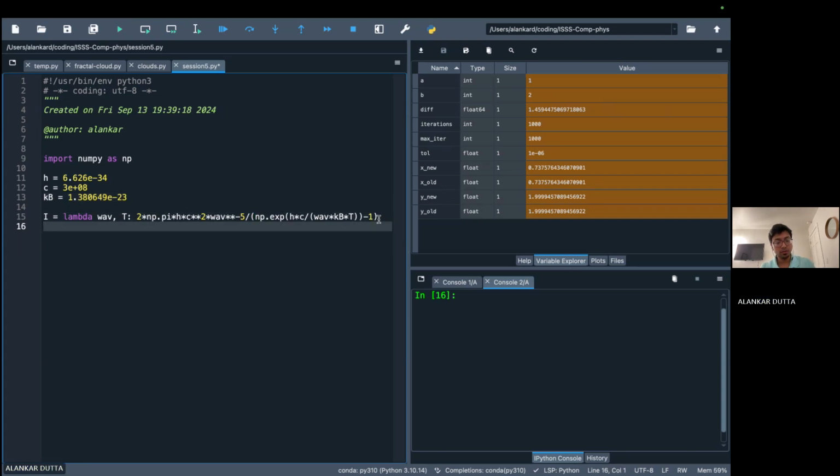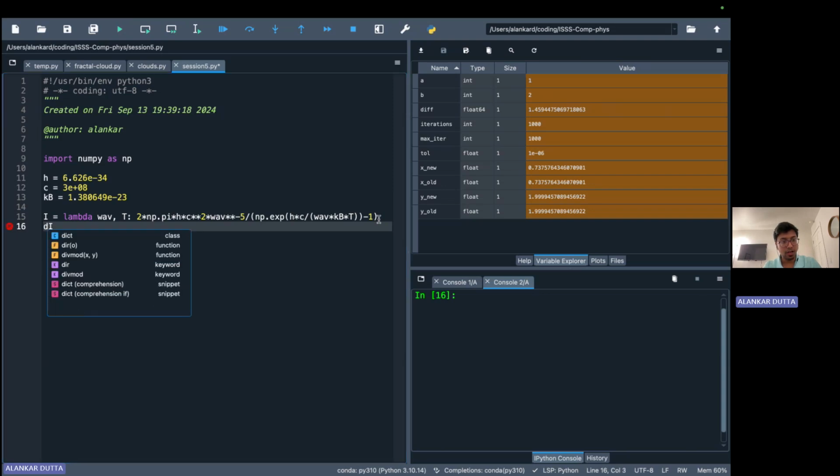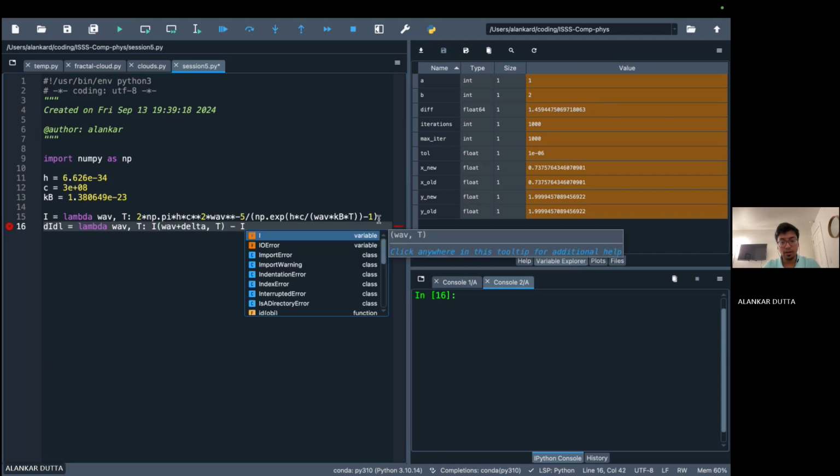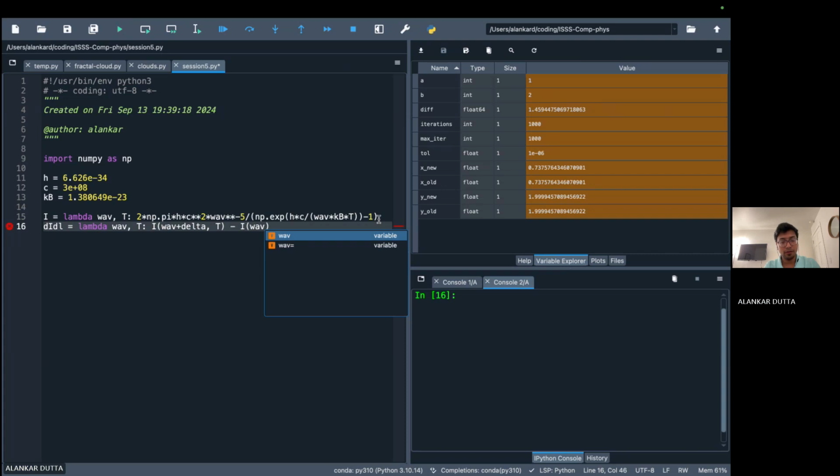Okay, so now we want to find out dI/dλ, which at some wavelength and some temperature is nothing but I(wave + delta, T) minus I(wave, T), divided by delta.